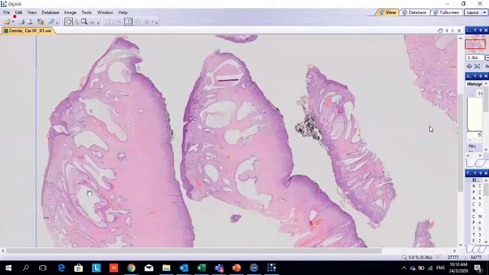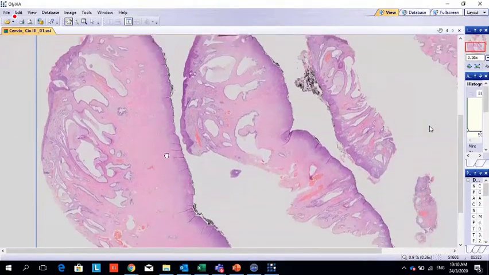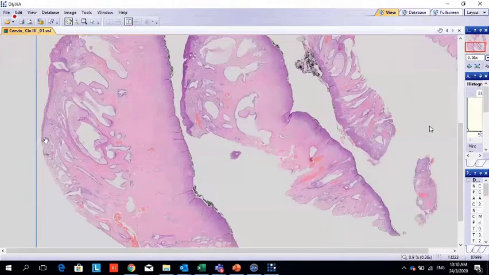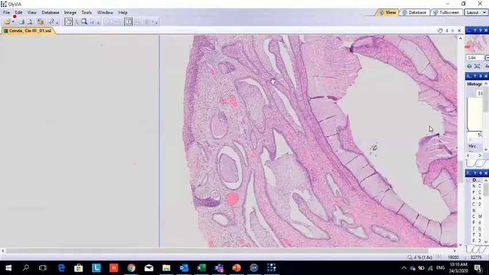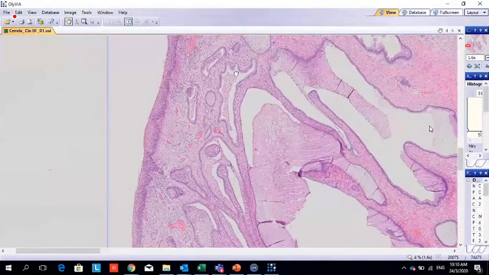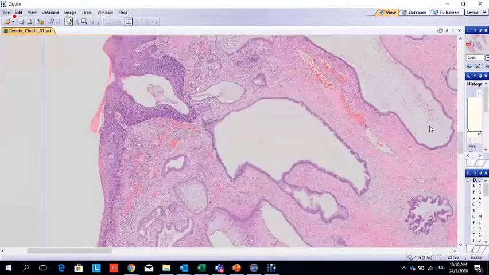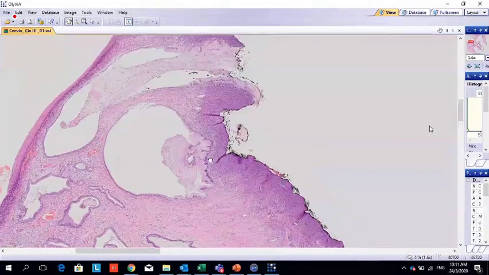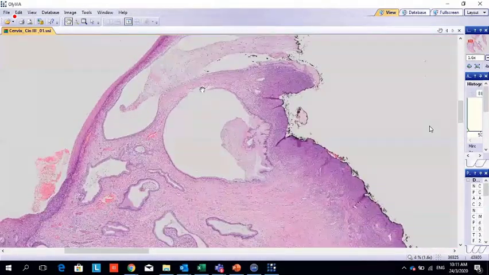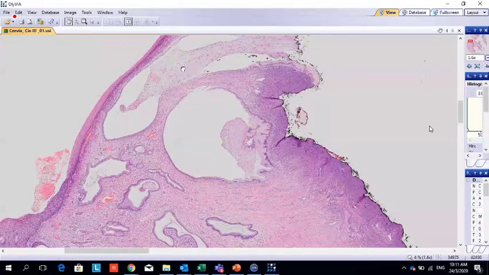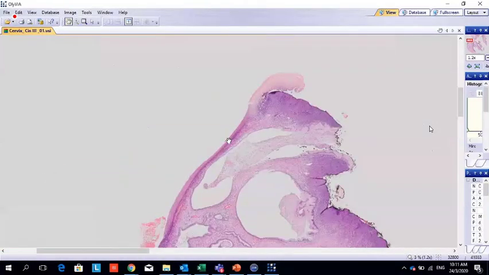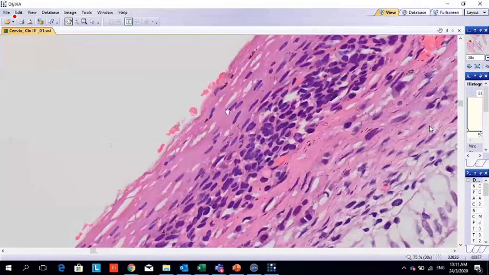Okay, look at here, I will show you this. What do you see? Like a gland, right? This is the stratified squamous epithelium.